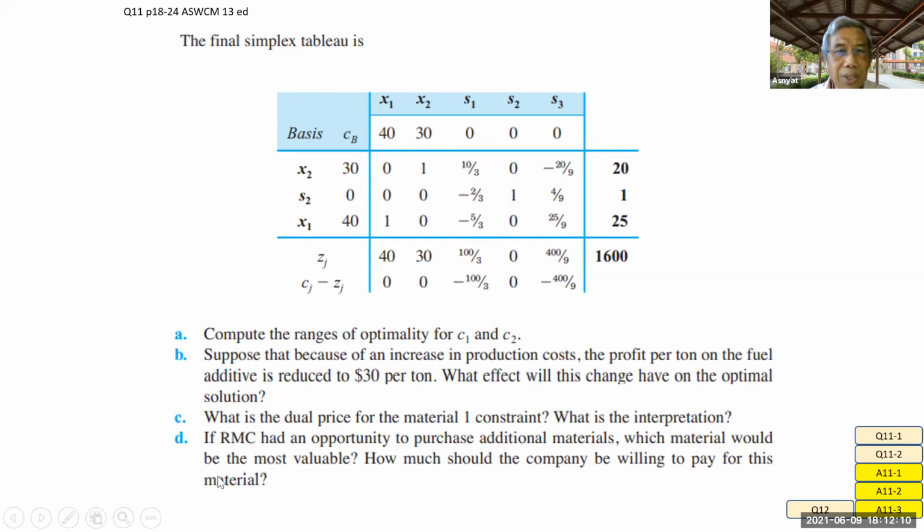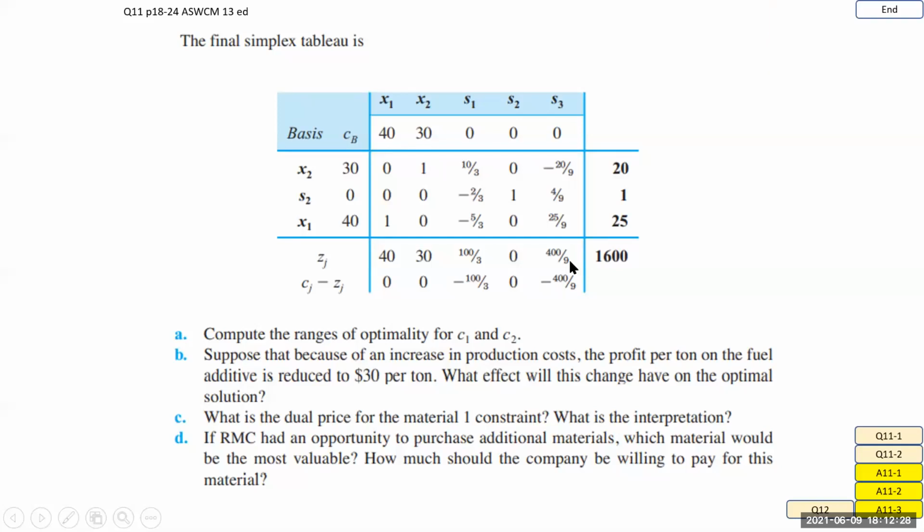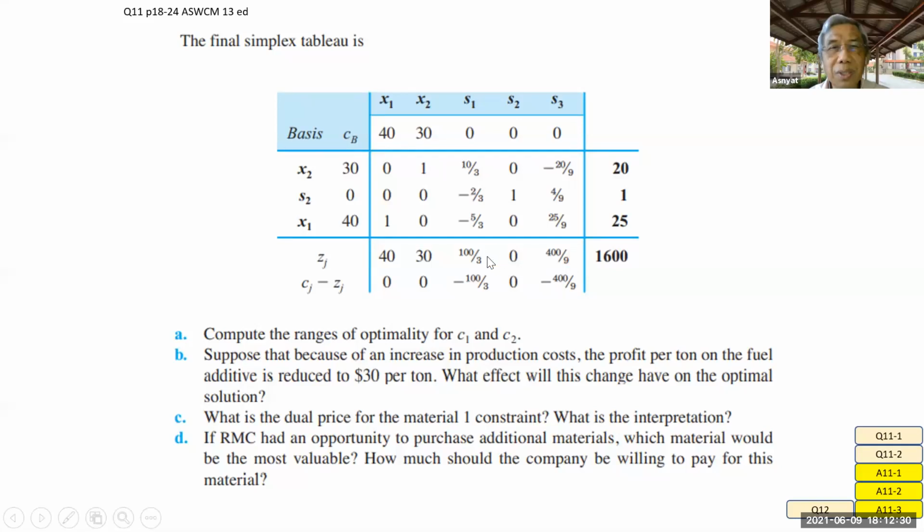Which one is the most valuable? 400 divided by 9, what do you get? 44.44. Here 33.33, here 0.